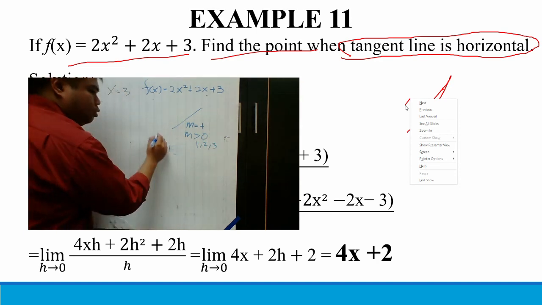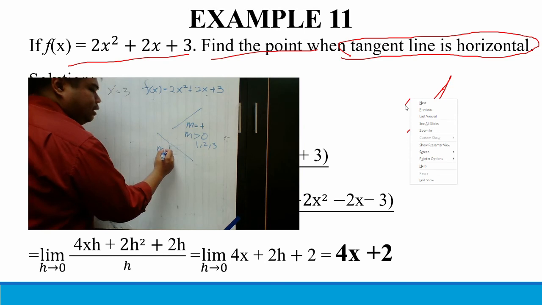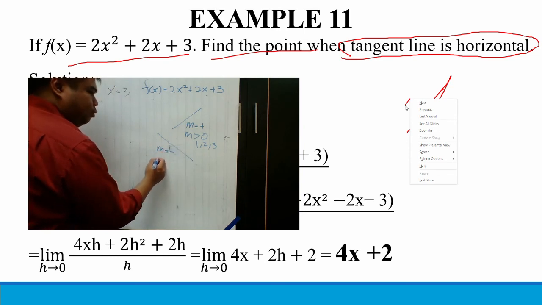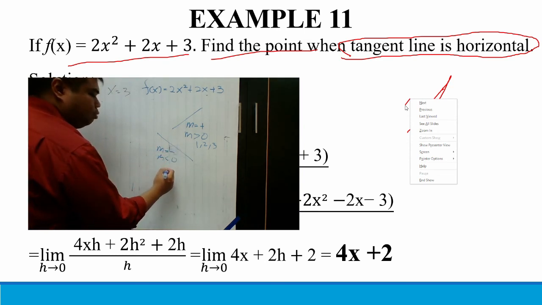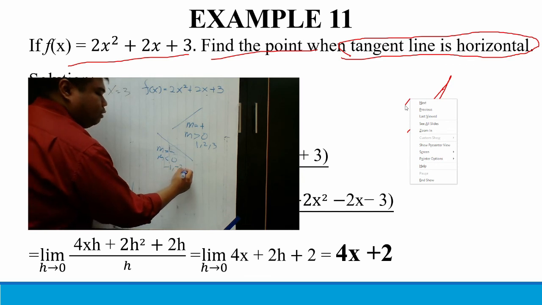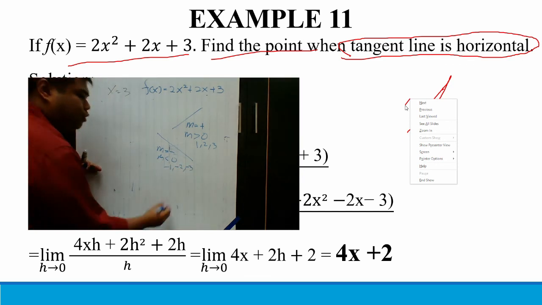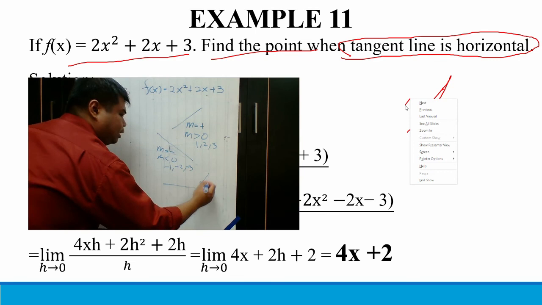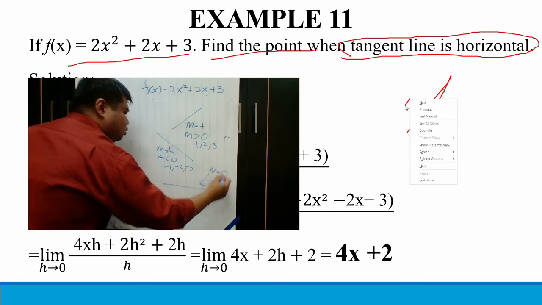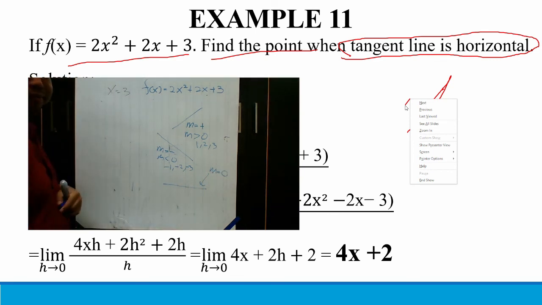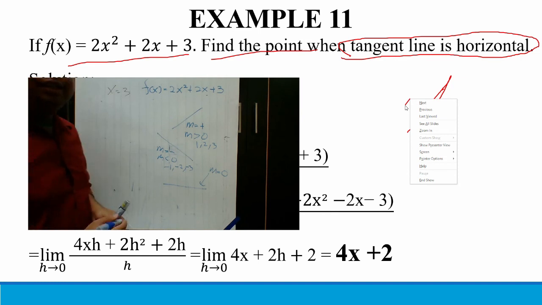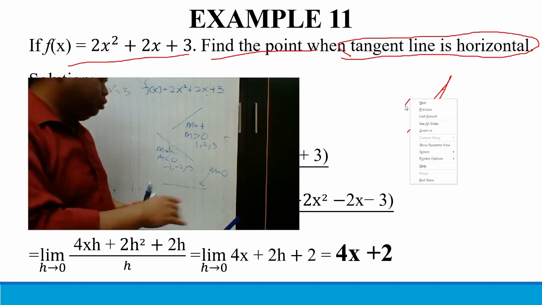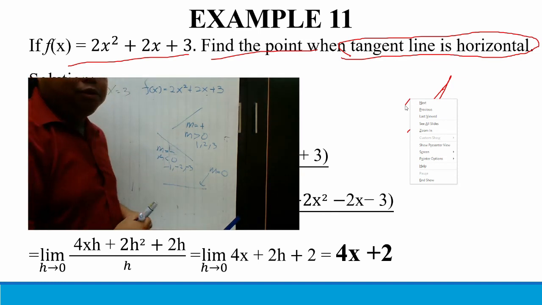If it looks like this one, the gradient of the line is negative, which is m less than 0, such as negative 1, negative 2, negative 3. If they are horizontal, it looks like this one, so the gradient is equal to 0.